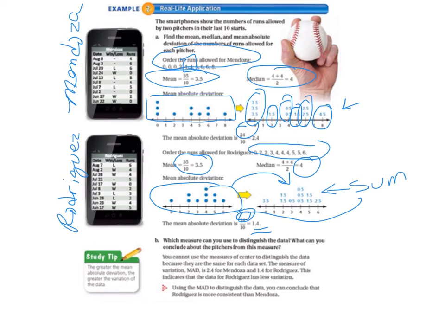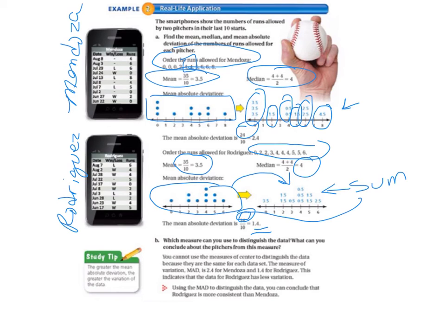So you can see that up here, where we're looking at Mendoza's data, they might have the same central values, the same middle values, but Mendoza had a game where he had 8 runs allowed, and the highest runs allowed for Rodriguez was only 6.